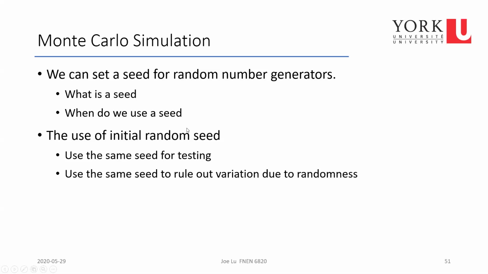Sometimes in risk management, it's useful to put in the same seed every time so that you generate exactly the same path, because then you know the change of value is not due to the inherent randomness from the simulation, because the paths are repeatable paths, because you are putting the same seed there.